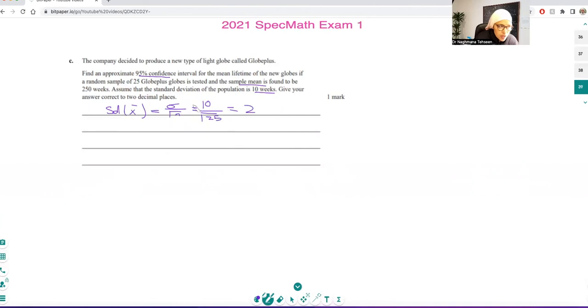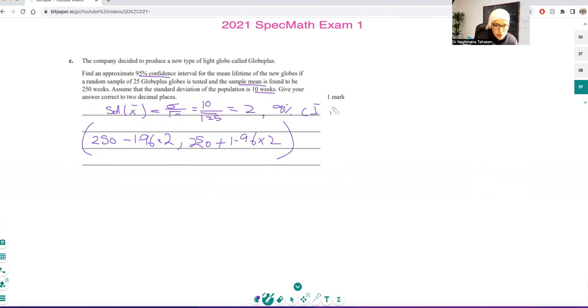Okay, and then we are going to do the interval using that formula. We know the 95% confidence interval would be the mean minus 1.96 times sigma over square root n, which is 2, and then 250 plus 1.96 times 2. Okay, so that's our 95% confidence interval.